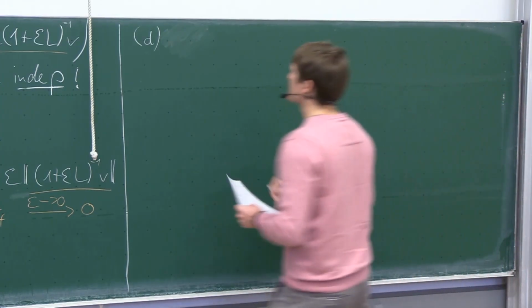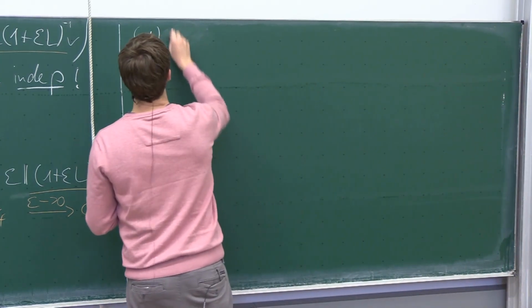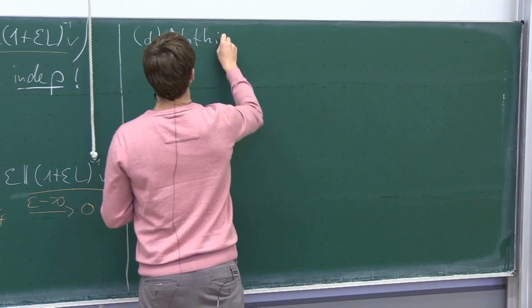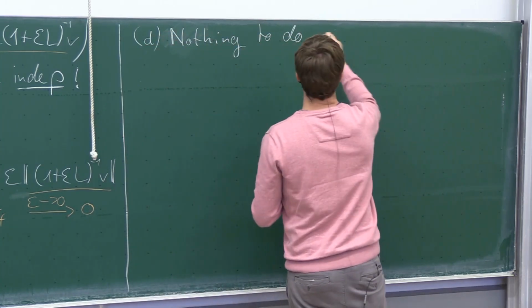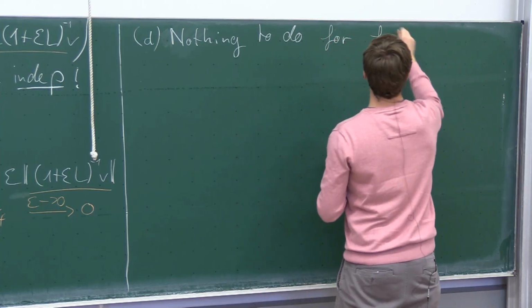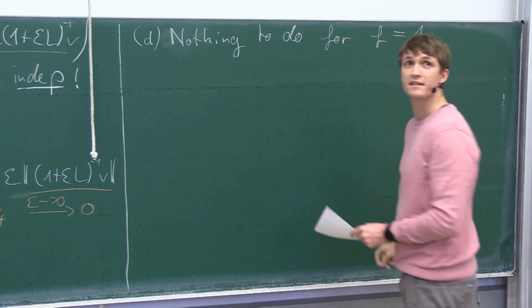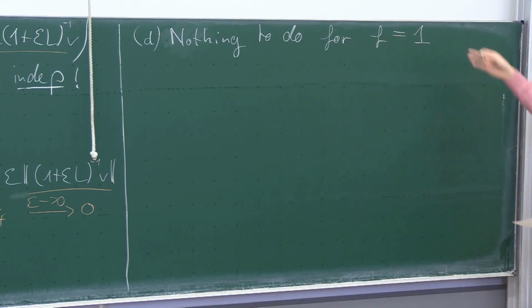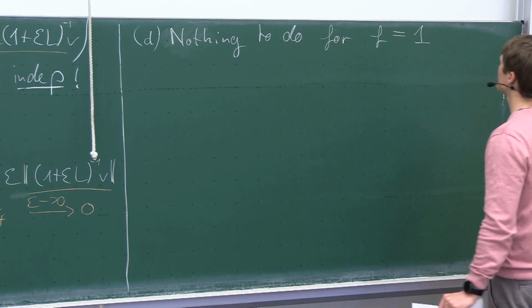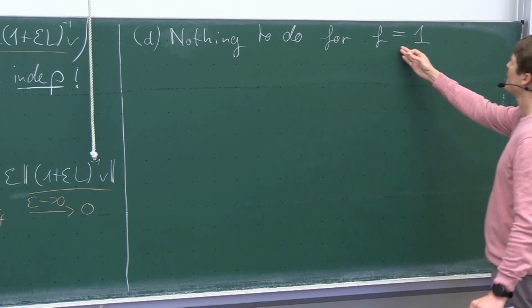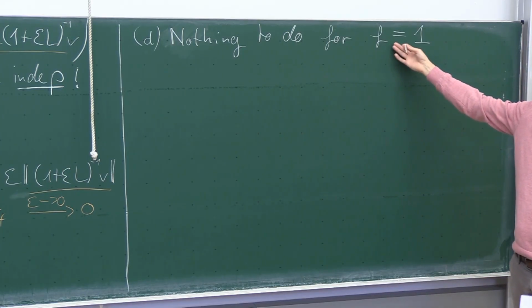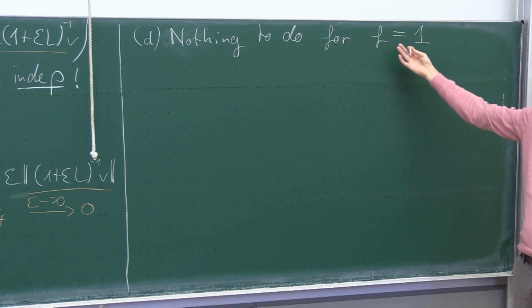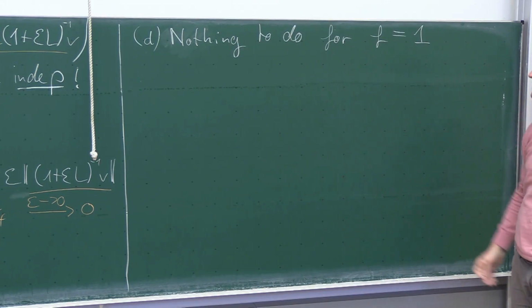Essentially there's nothing to do if f is just the constant one function, and this also takes over to any constant function. If f is the constant one function, then f of L epsilon is just the identity, and f of L is also the identity, so clearly they approximate each other strongly. They are equal.